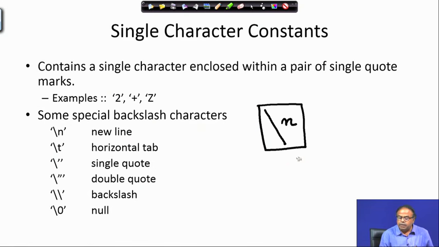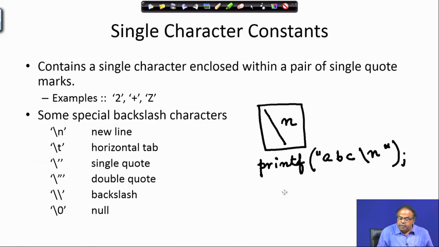For example, suppose I was writing printf, you have seen that example earlier, and I am just writing A, B, C, and then I put backslash n. That means I will be printing A, B, C, but after that I will not print n; since it is backslash n, it is telling us to go to the new line.